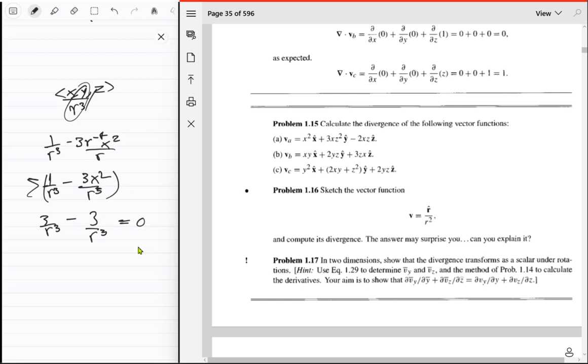Oh, wait. Physically, divergence is just flux upon volume. So you should first of all sketch this vector function because that might be an important part of it. You've got the origin from which the field is going out. This is the highest field. It is a vector field, but you can also think of it like an electrostatic field or something like that, right?